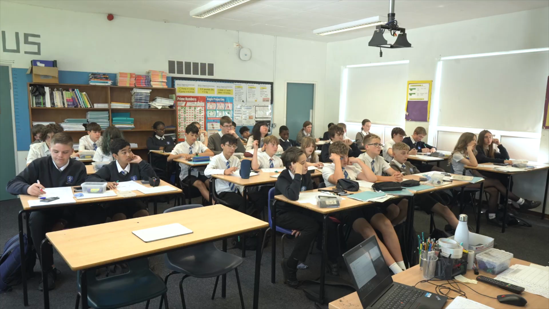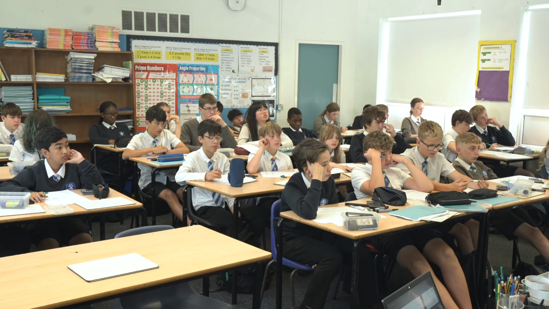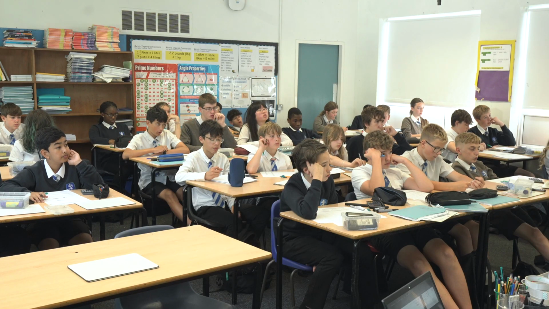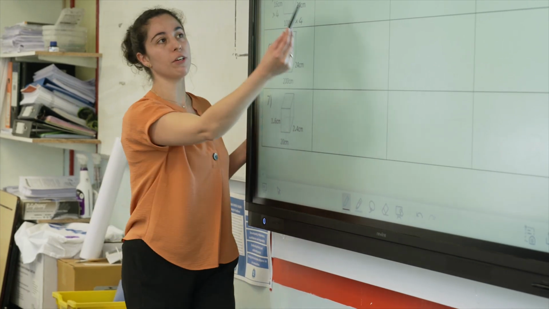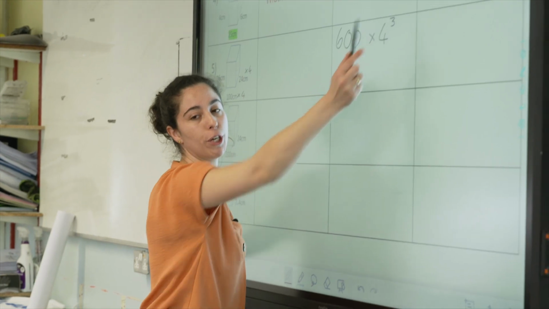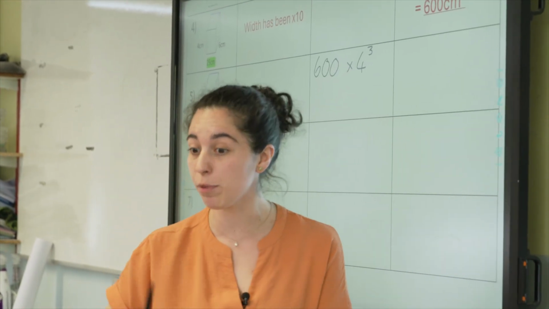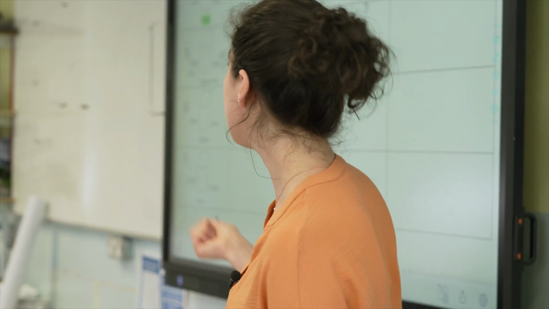Times 64. Times it by 64, which is what type of number? Cube. Cube number, okay? So you were absolutely correct. It is times by 4 cubed, and it's because we've actually times by 4 in 3 dimensions, okay? We've got our 3 different lengths times by 4. So if you did correctly predict that, well done.